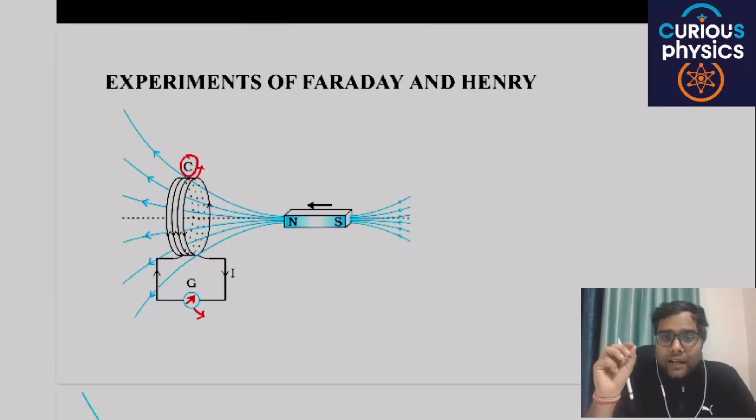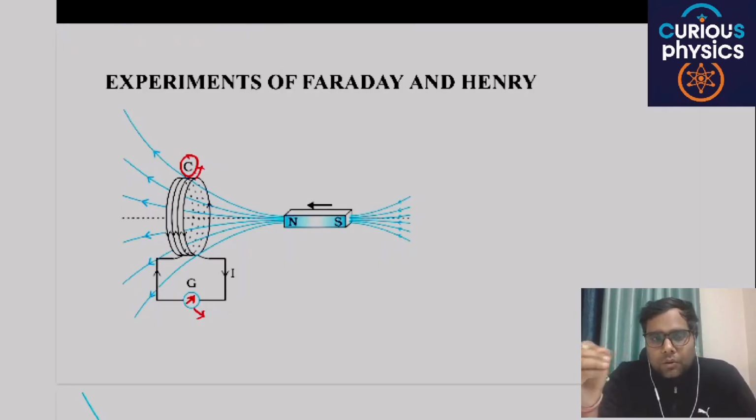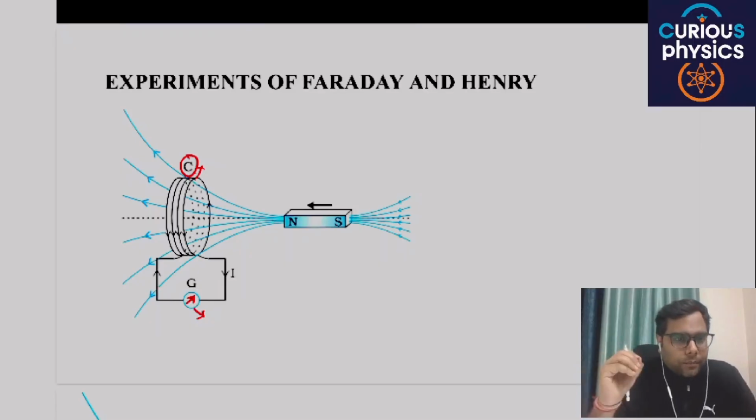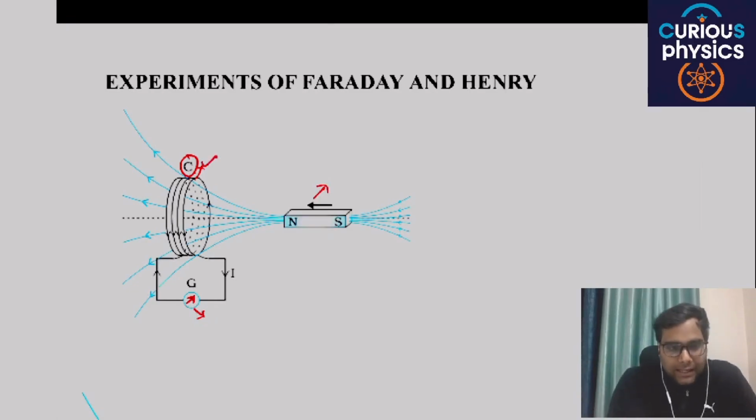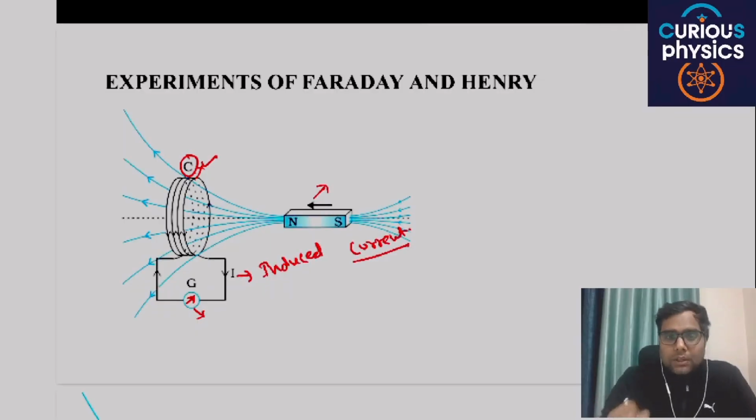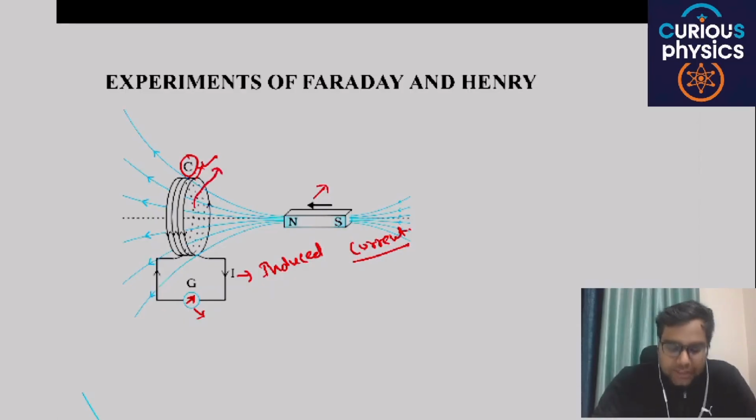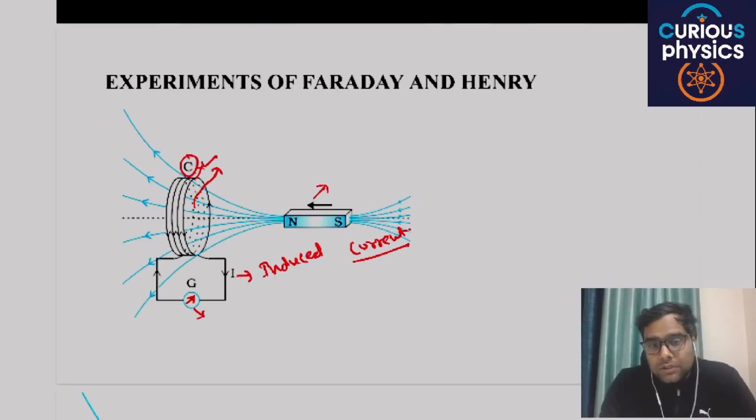Meaning to say that when the magnet is moving toward this coil, a current starts flowing in the coil. With the help of this magnet you can produce a current in this coil, and this type of current is known as induced current. Here one more thing: the magnetic field in this coil is changing, it is not constant.